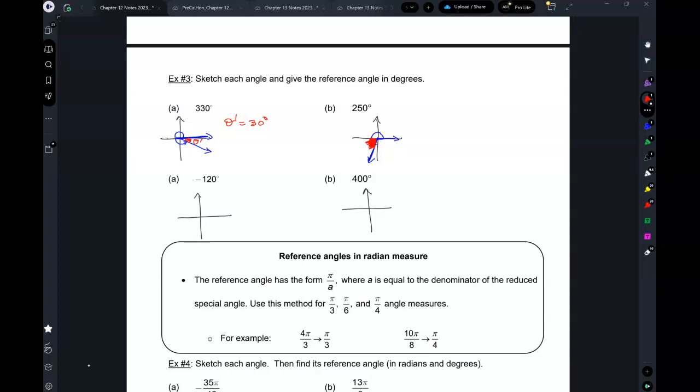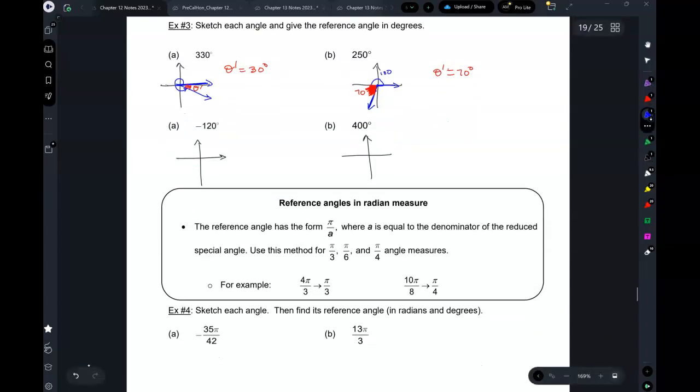You can use your calculators. Not 110. So it's 180 until here, and then you have to go 70 more to make it 250. Okay? So that's 70 degrees. So it's 180 here, and then 70 here. Total 250. So that's going to be 70 degrees.